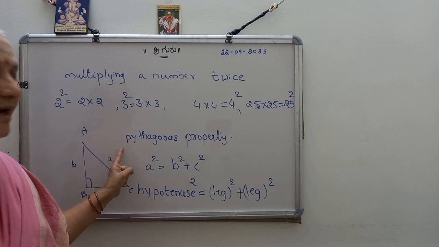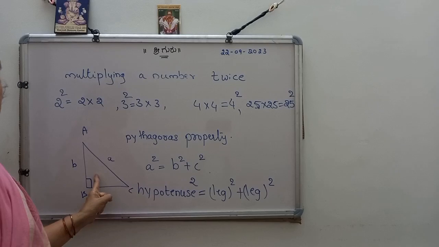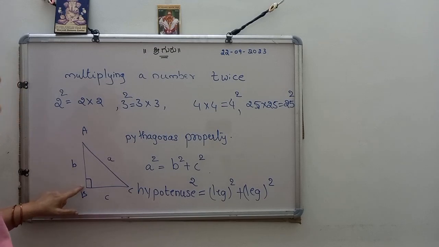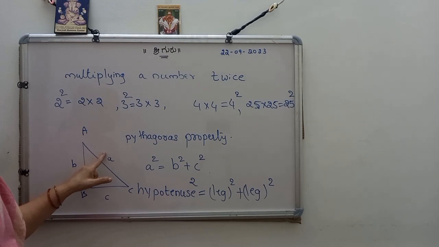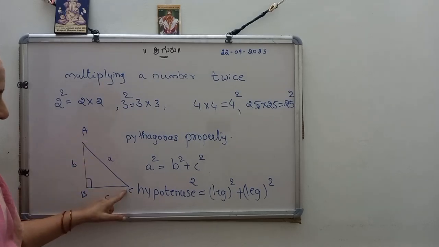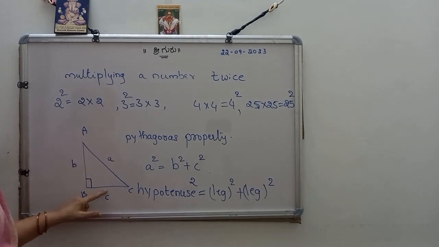And we define the Pythagoras property of a right angled triangle. In this right angled triangle, ABC is a right angle and the side opposite to B, side opposite to right angle is called hypotenuse. A is called hypotenuse and the other two sides. And do you remember, can you recall, these two are the altitudes of the triangle.